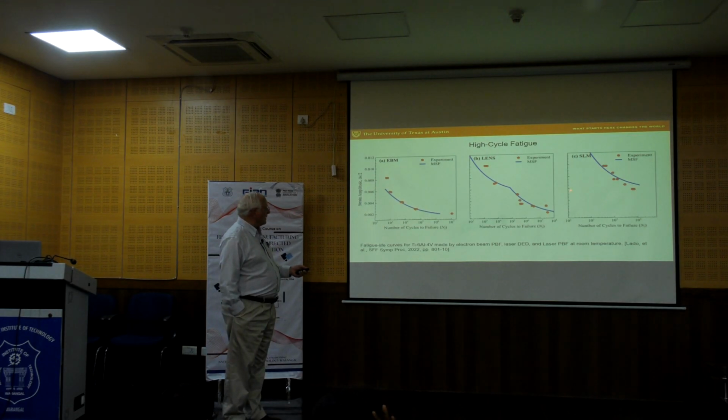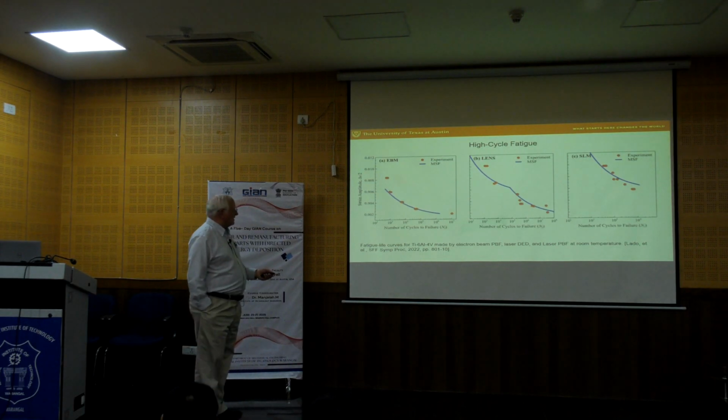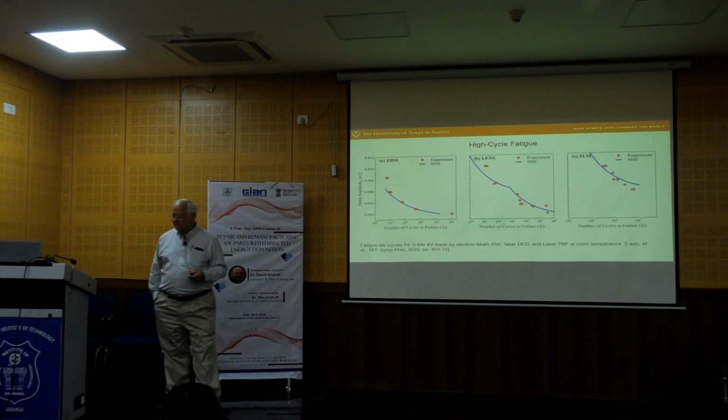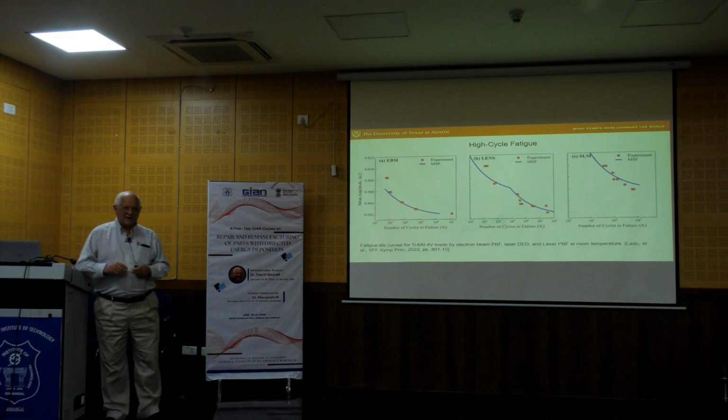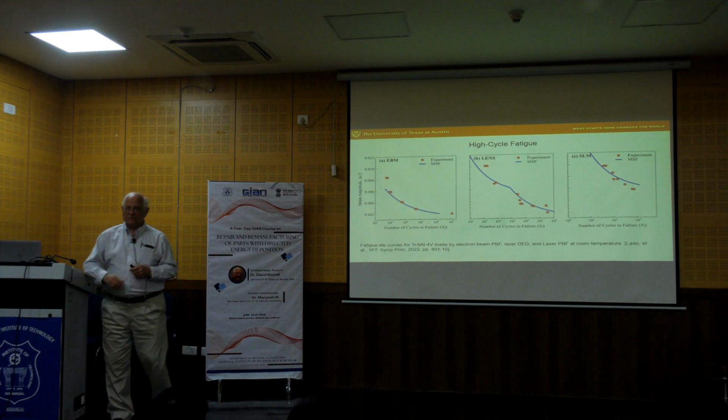The data comes in about right here, which comes over to about 0.06. Here at 10 to the 4th cycles, we're up at maybe 0.07, and here at 10 to the 4th cycles, we're down at 0.04. So if we want to generalize, we could say that with DED, one of the advantages of the laser-based processes is that the dynamic properties, in this case the fatigue properties, are improved.